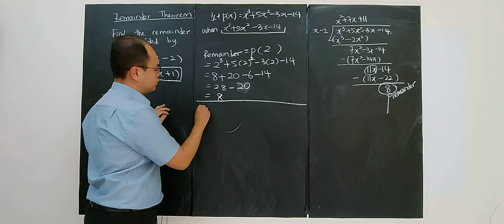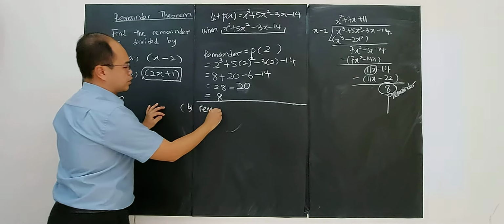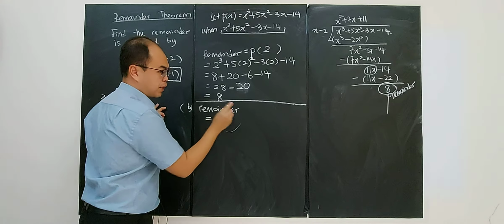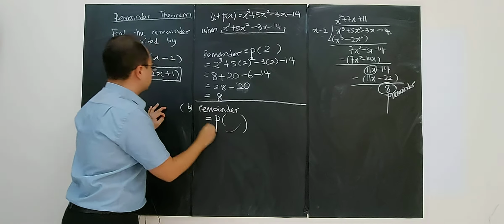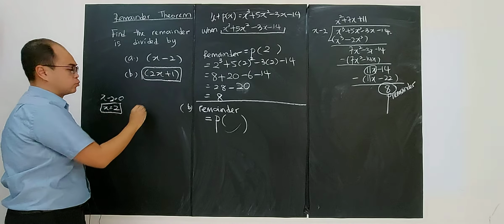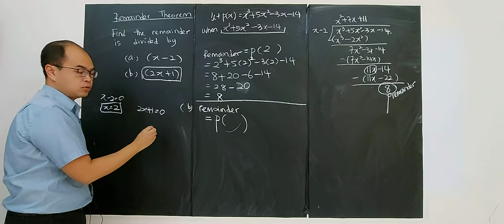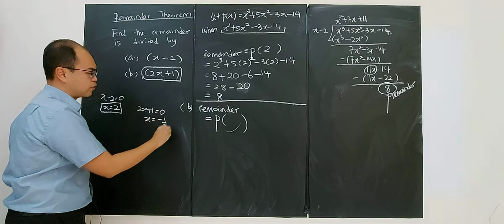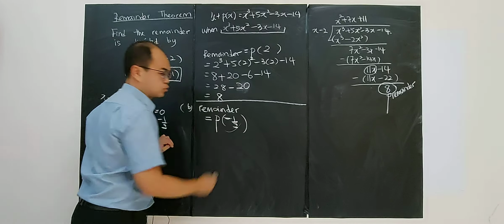This is for part B. If you divide by 2x plus 1, you take 2x plus 1 equals 0, so x equals negative 1 over 2. This is the value that you're going to put inside.